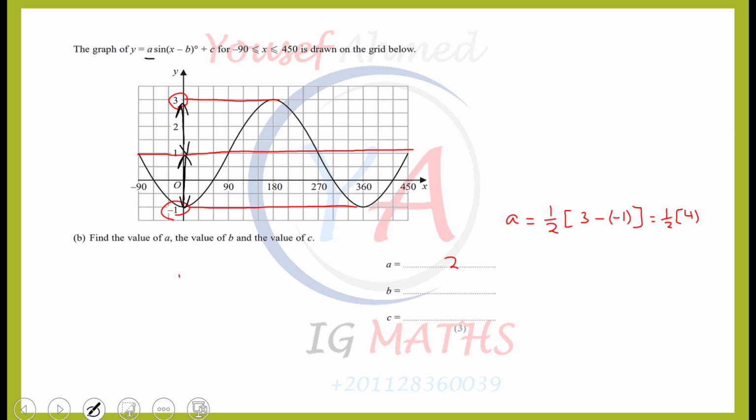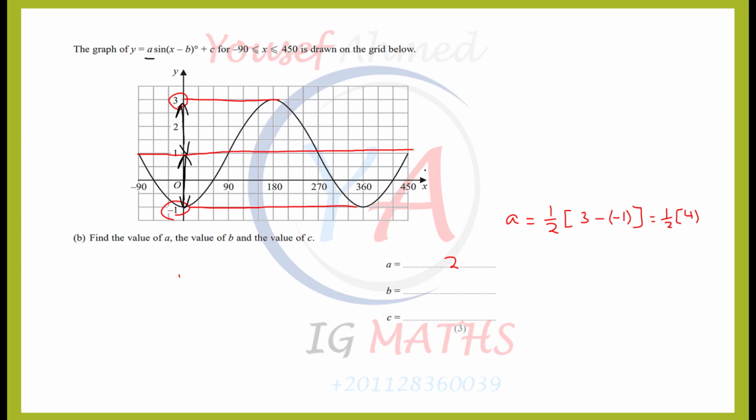There are two ways. You can use the formula half times the maximum value minus the minimum value, which gives you the value of a. Or you can just draw the middle line for the curve. You check the maximum value and minimum value; the distance between them is 4, so draw a middle line. So now we got the value of a.